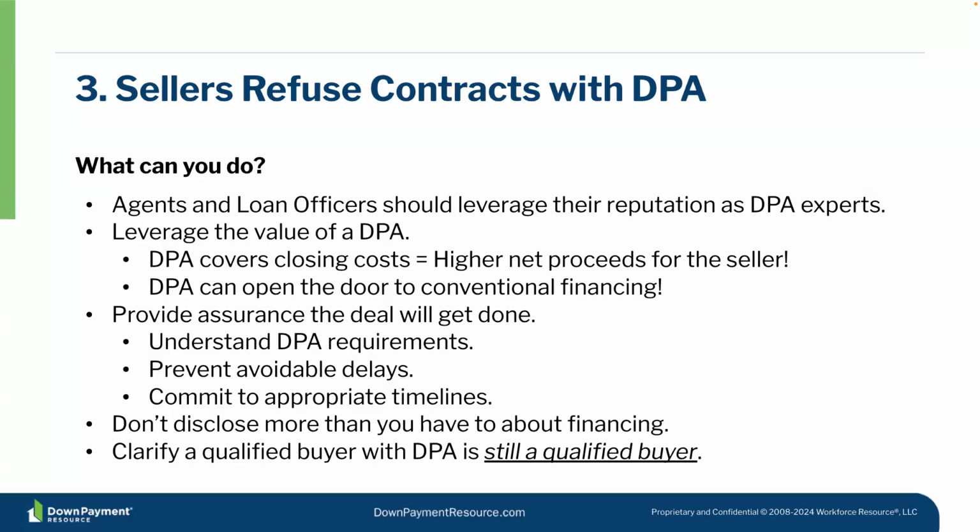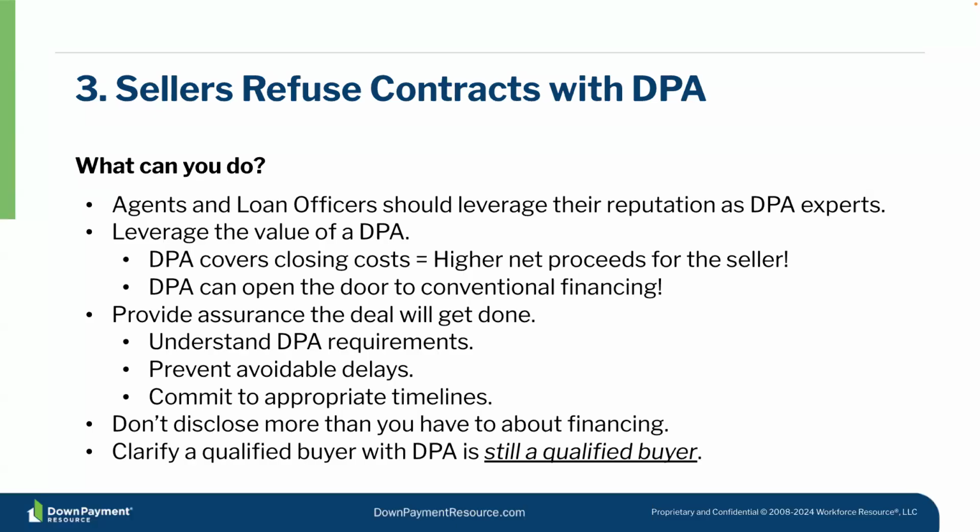Well, realtors, it's important to leverage the experience and expertise of your loan officer partners, right? They can assist with setting the expectations with the seller and their agent. Leverage the value that a down payment assistance brings to a deal. DPAs could be framed as, "Hey, I don't need to ask you for closing costs because I have my DPA in place.